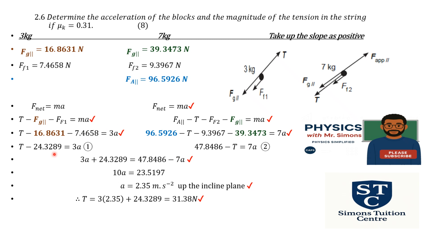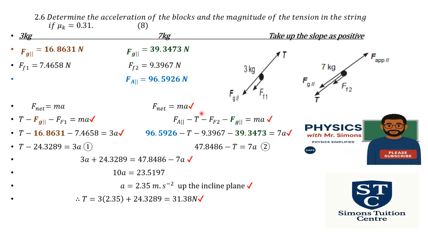If I take 7A over, 3A plus 7A gives me 10A. 47 minus the 24 gives me 23,5197. If I divide by 10, that becomes 2,35 meters per second squared up the incline.